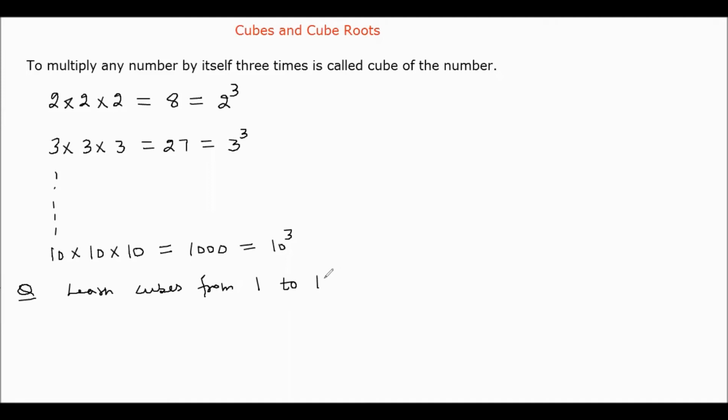This is your work so that you can solve the upcoming questions very quickly. It helps you to reduce your calculation in the next topics.